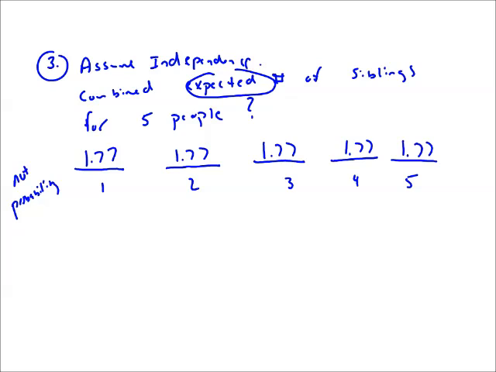So it says combine, so we're going to add them. There are 5 of them, so it is 8.85. That's how many are expected. Expected about 9 siblings combined if you selected 5 people at random.